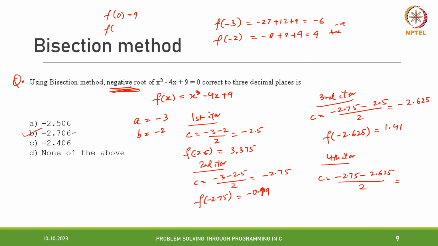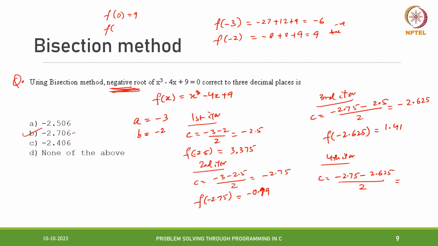Which is the closest to zero? Which one, minus 2 point? Yeah, that is the thing. I said that because none of the above is an option here, you cannot really comment on that.